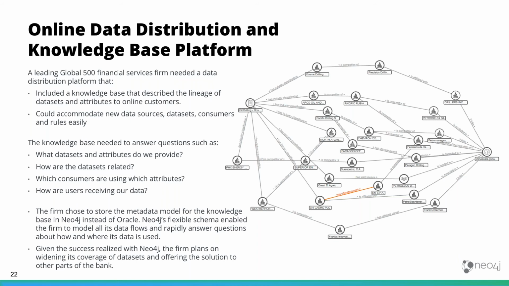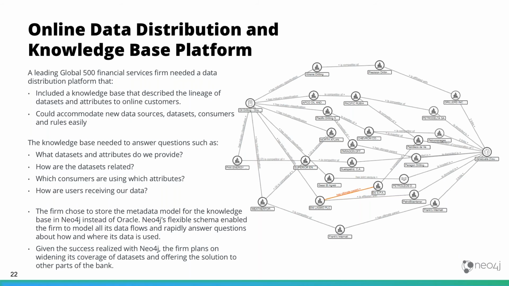So they can answer questions like: what data sets and attributes do they have? How are these data sets related? How are these companies related? Which consumers or analysts are using which attributes? Which companies are they following? So they have a good picture of that. And then, how is this data being transmitted back and forth across the companies that subscribe to this data?